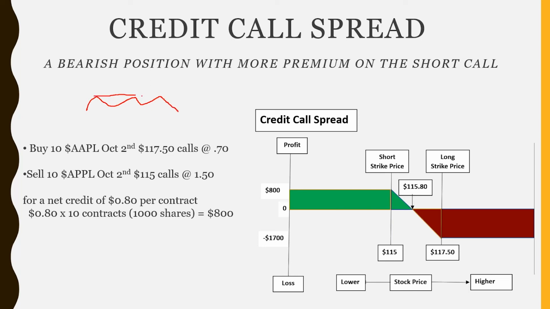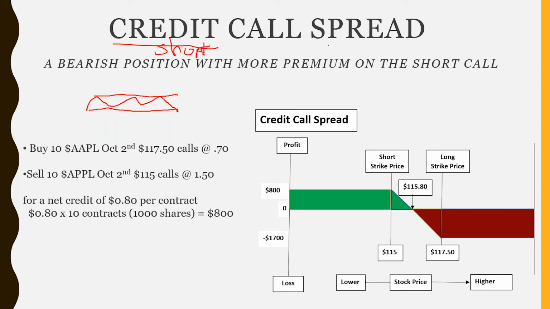Okay. So we have maybe a double, triple top here. We may start cracking below the support level right here. So we are bearish on Apple. If we expect that it hits the resistance and comes back down or cracks the support to come down, then we do a credit call spread. It's a little bit of confusion because basically credit stands for short.